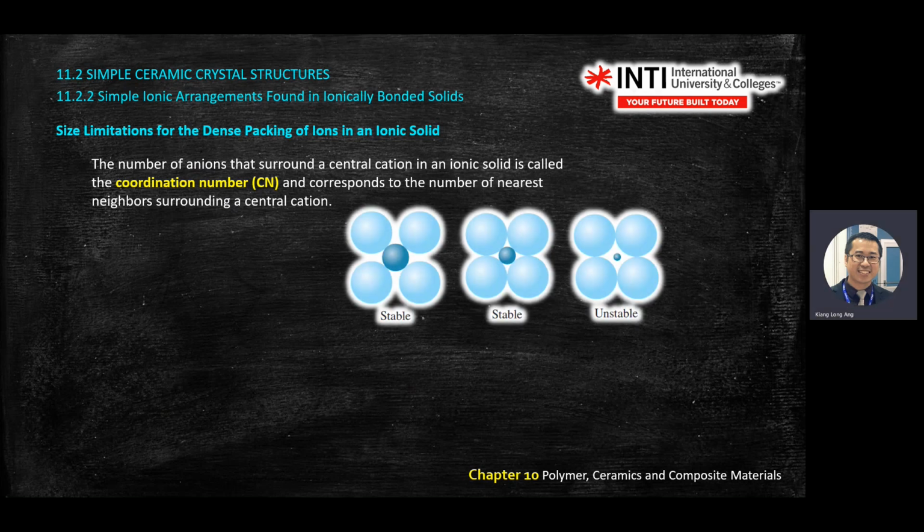Okay, so they are stable and unstable, as you can see on the screen. If there is a gap that fixes the dark blue atom, then it becomes stable, meaning it's not able to move up, down, left, or right. Same with this one.